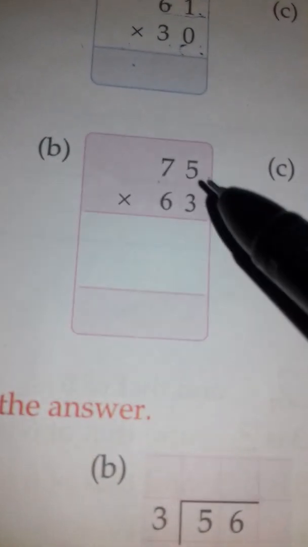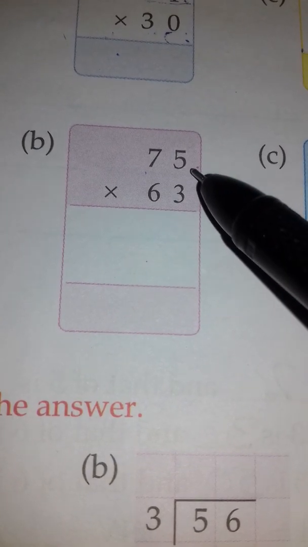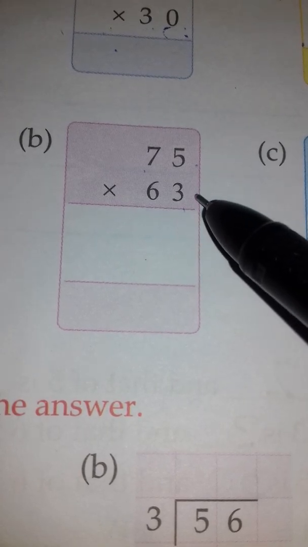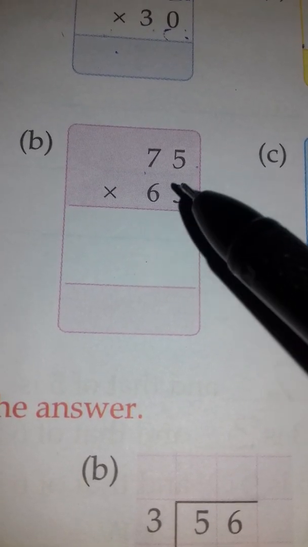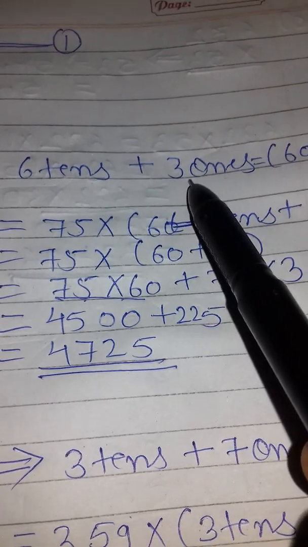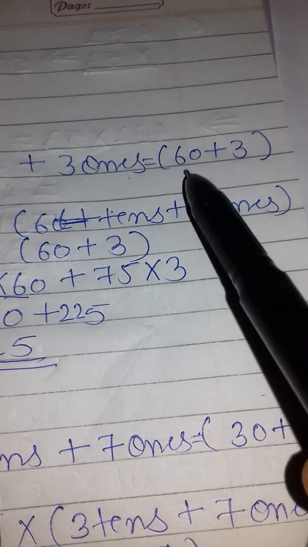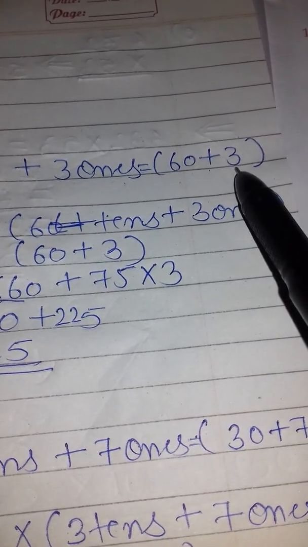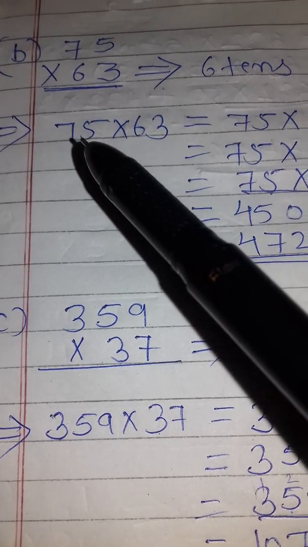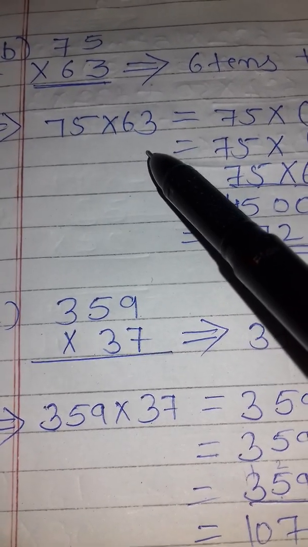Now see B1 here. 75 multiplied by 63. Here the multiplier is 63. 63 means 6 tens plus 3 ones, which is 60 plus 3. So if we expand it, let us multiply this 75 into 63.